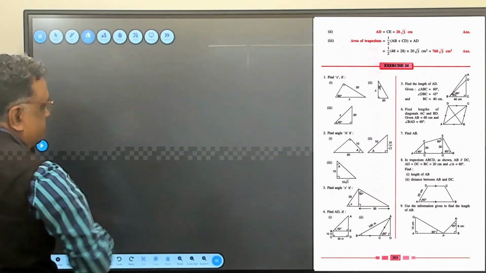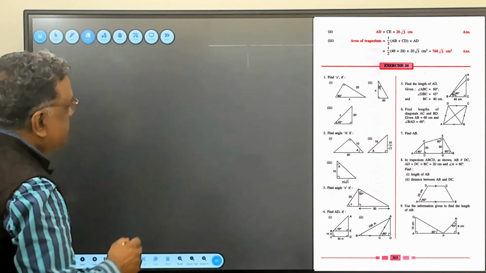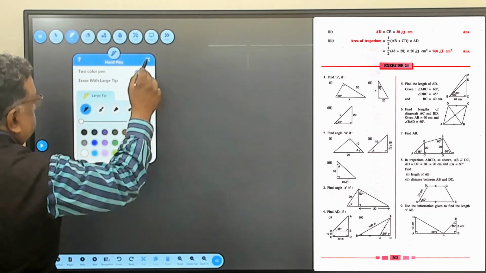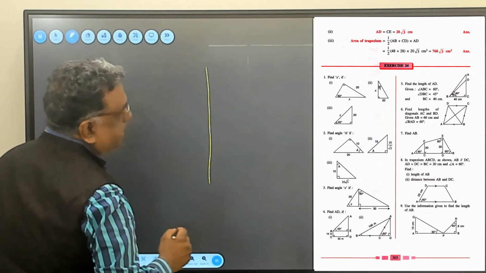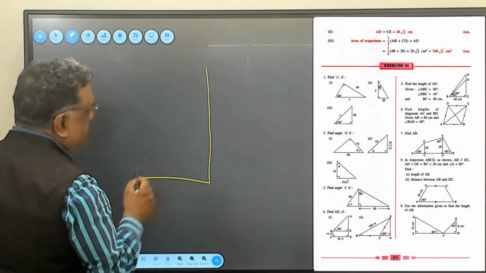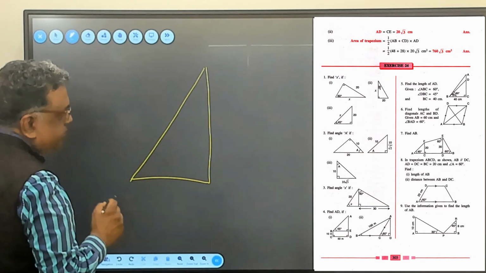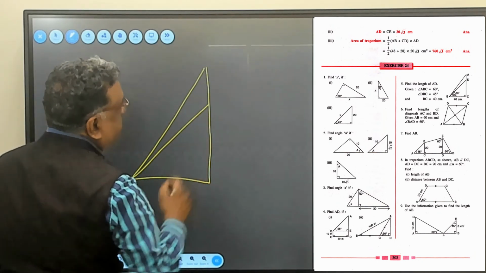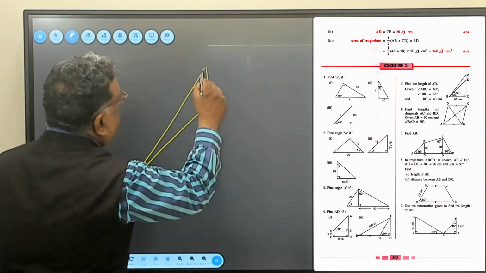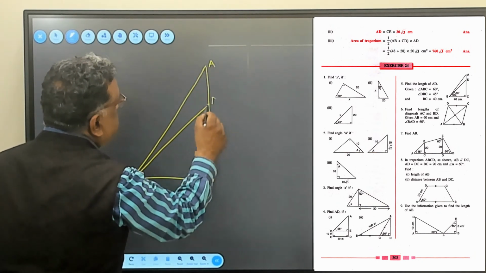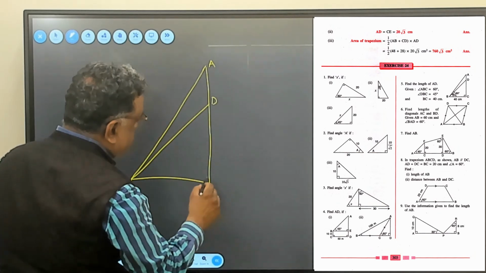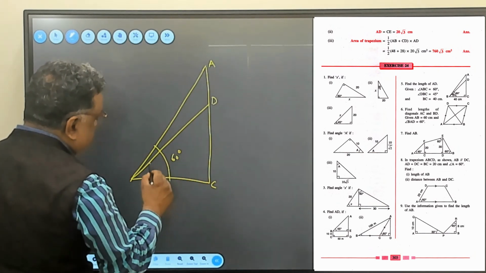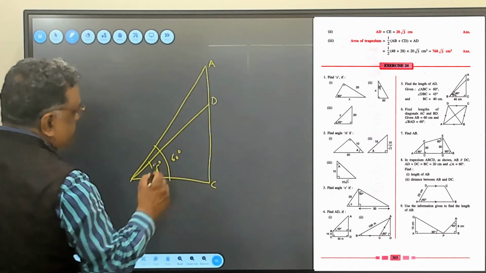What does fifth one say? This is A, this is D, this is C. This angle is 60 degrees and this angle is 45 degrees.